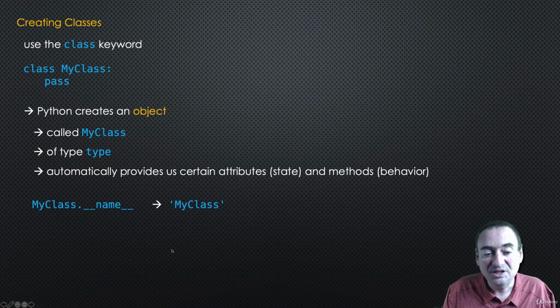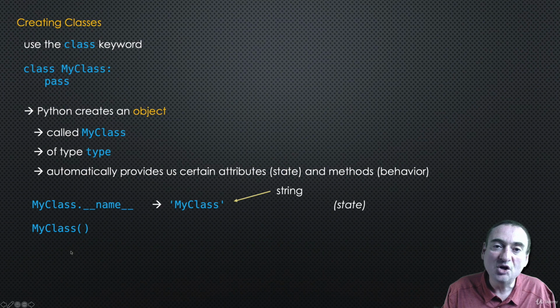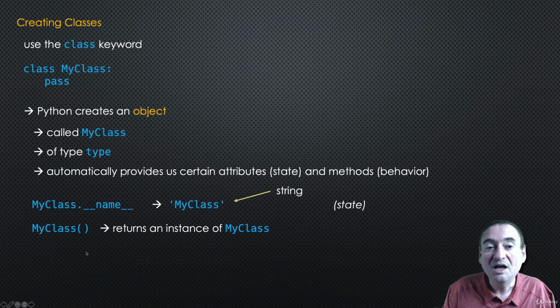So this is going to contain the string which is the name of the class, my class. So this will actually be a string. That's state. Now it also provides behaviors. We can actually call this object. This object is a callable. We can call it. And when we do that, Python is going to create and return an instance of that particular type. That's behavior. So even though this looks like an empty class, we already have built-in state and behavior that Python provides for us.